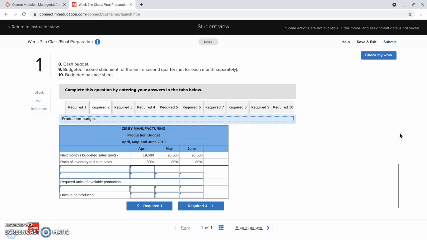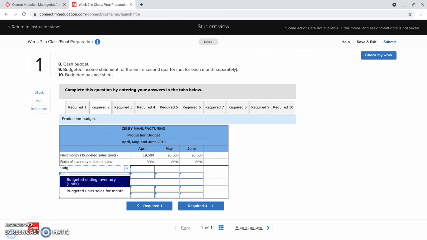Number 2, we're doing our production budget. So in the production budget, we already have our 19,000. This first line is going to be budgeted ending inventory units. Here we have 15,600.